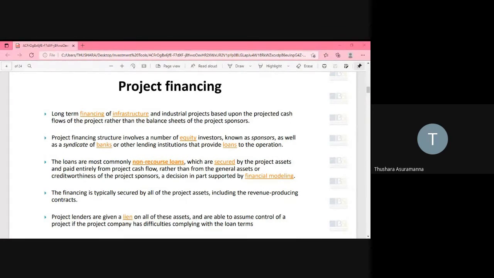Existing cash flows may be sufficient to repay that particular debt because it's not a big debt for you, maybe 10 million. You are in a position to service it without difficulty.